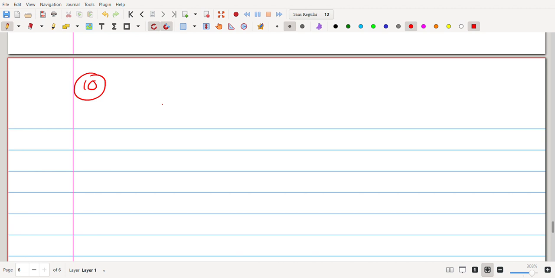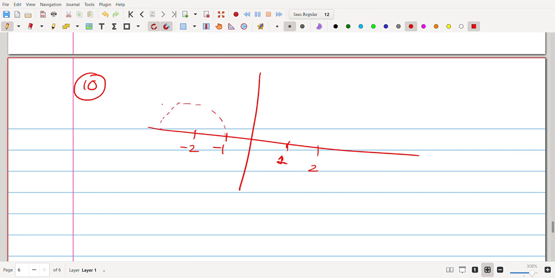Problem number 10. For every connected subset Y of a metric space X, its interior Y naught is connected. This is obviously false. Take R2. Say this is -1, this is 1, this is -2, this is 2.